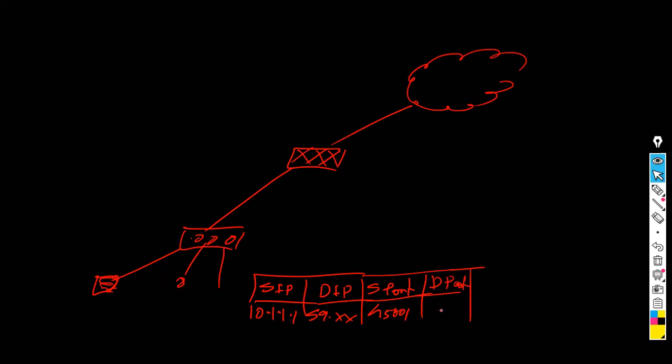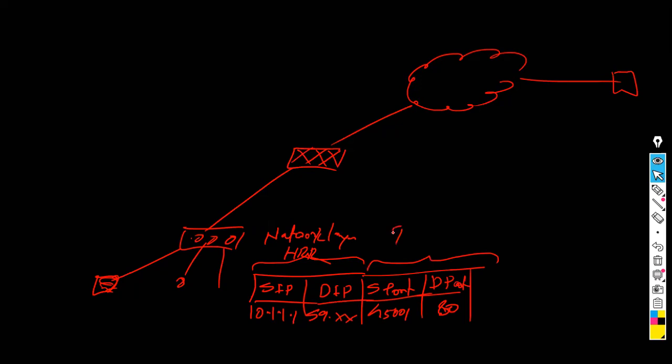Now your destination port, let's say it is accessing a Facebook server, so your destination port is 80. Now look at this. This is your network layer header. And this part is your transport layer.